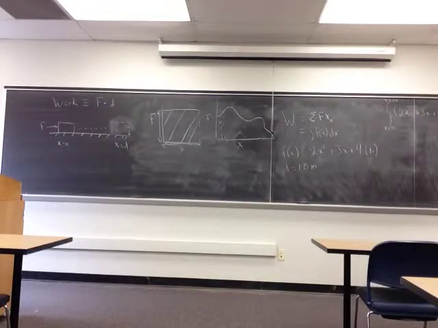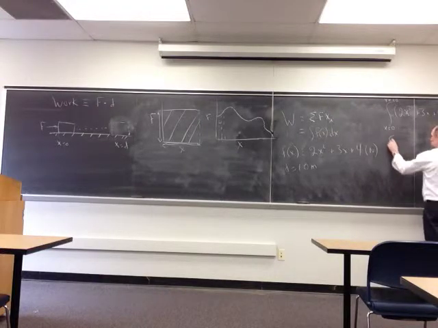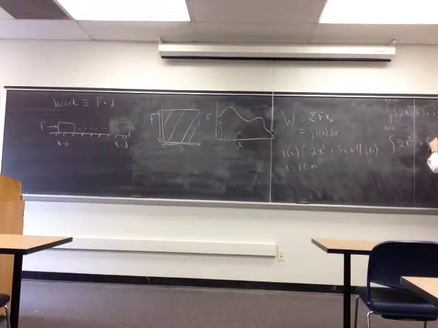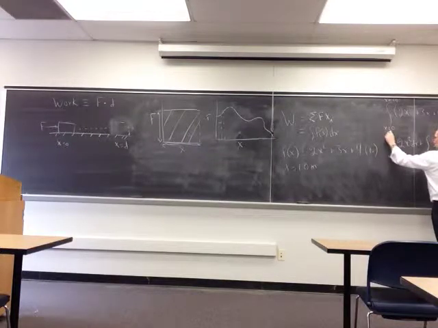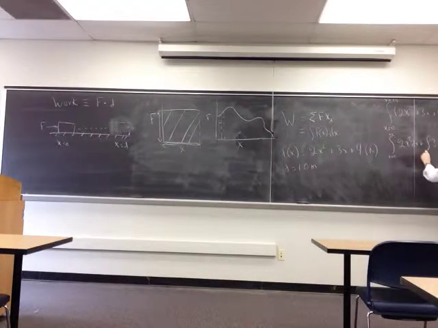So when you've got a function such as this, you can integrate each part of it separately. So this is equal to the integral of 2x squared plus the integral of 3x plus the integral of 4. And there should be a dx for each of these. And each of these are going to go from x equals 0 to x equals 1.